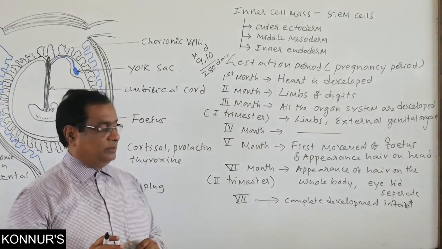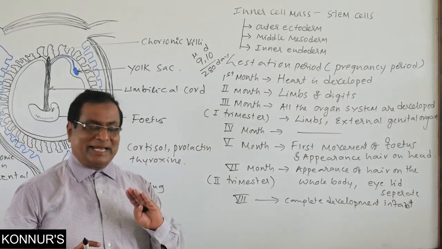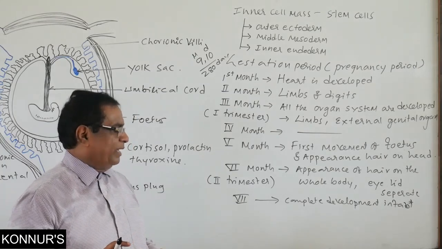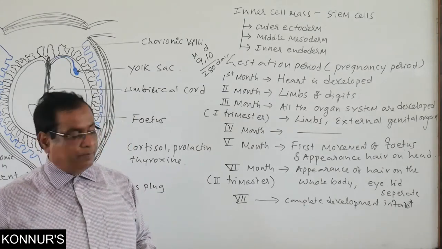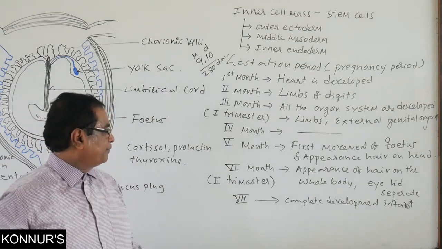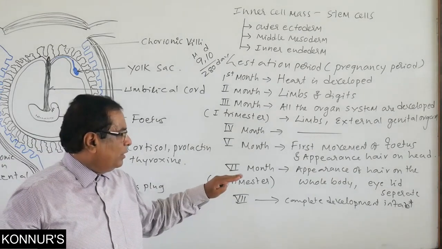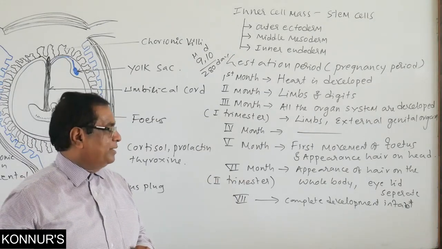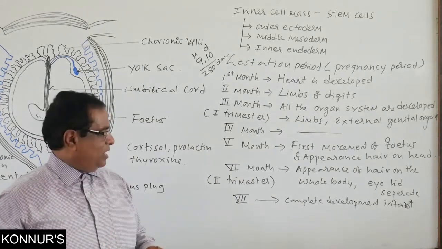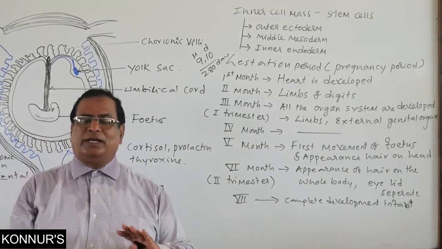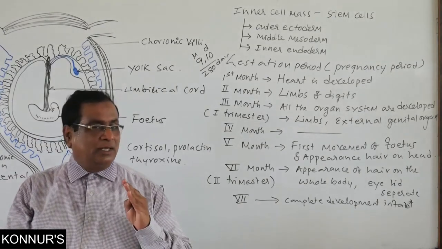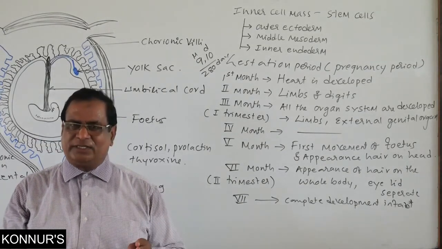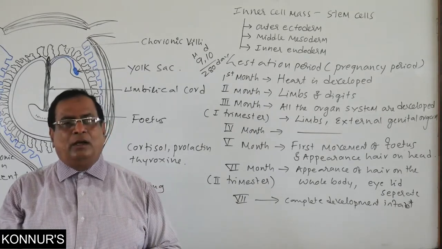The 6th month, considered the 2nd trimester, has hair on the whole body and the eyelids separate. In the 7th month, total development of the infant or fetus is there.